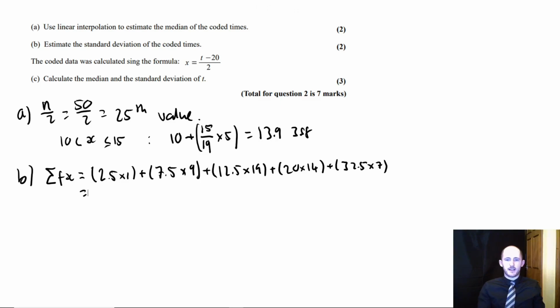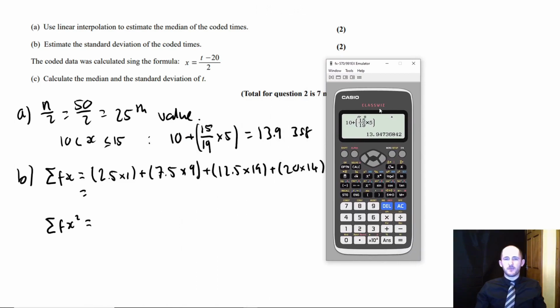And so technically speaking, if you want to be lazy, which I do, I can also work out sum of f of x squared without writing out everything by just doing it on the calculator, which you know would be fine as well. 2.5 times 1. I mean, have mercy on me, right?